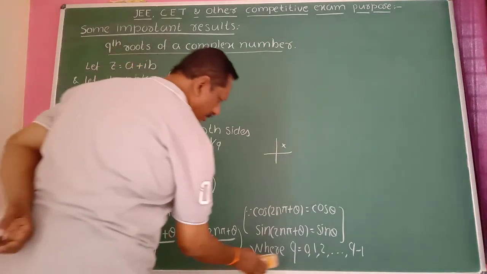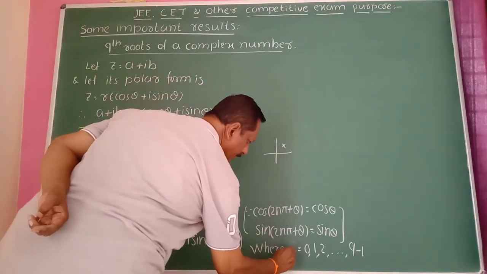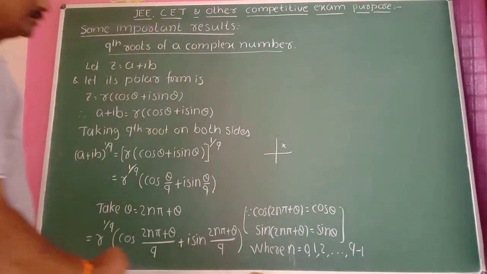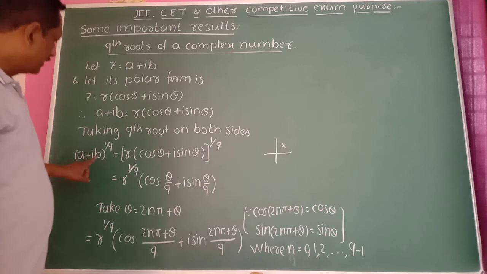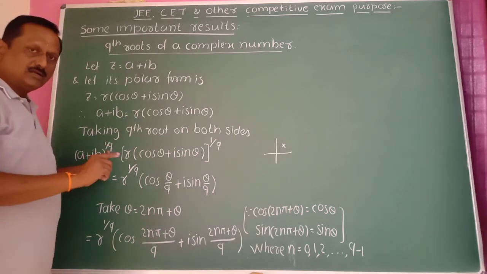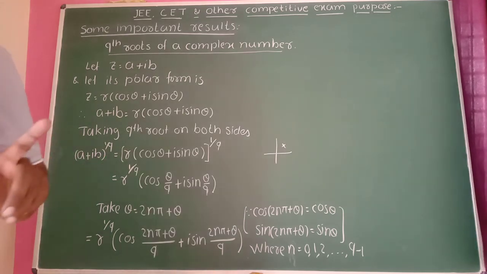So here (a plus i b) raised to 1 by q has a total of q roots.